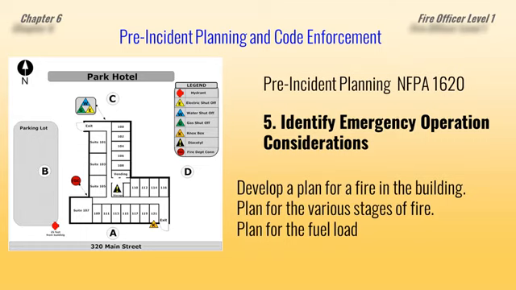Now, why is this important? Because if we get some multi-level hotels, or even large apartment buildings, we may have 2 or 3 standpipes located in different stairwells in the building.